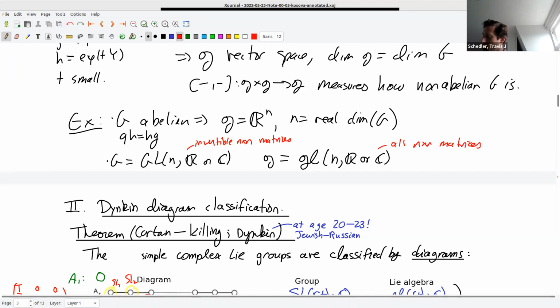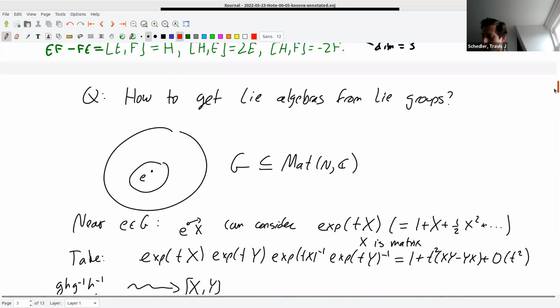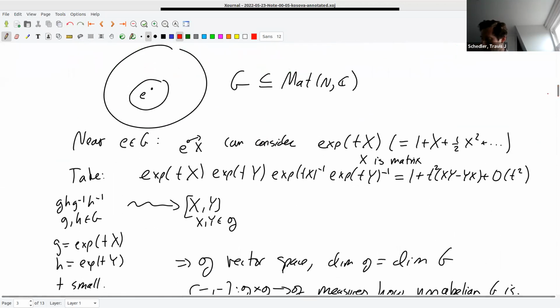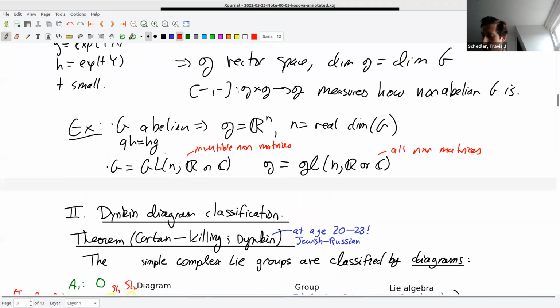And then if you're any other group, there's actually some result that says that any other Lie group under some reasonable conditions can be viewed, well, there's a large class, let's put it this way, of Lie groups that can all be realized as subgroups of this GL_n(R or C), and in a natural way.